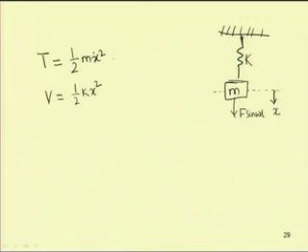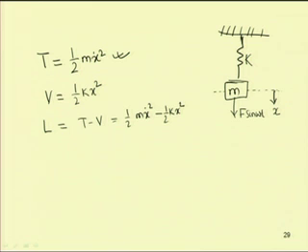The kinetic energy of the system is half m x dot square and the potential energy is half k x square. So, one can write the Lagrangian of the system as T minus V, which is equal to half m x dot square minus half k x square.